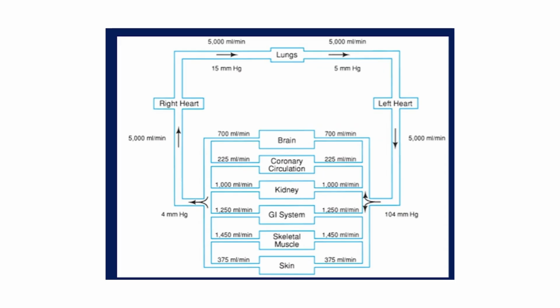And obviously, to maintain this and maintain these pressures, there's a lot of dynamics at the level of not just the arteries and veins, but also at the level of the capillaries, where individual capillaries have sphincters that allow or don't allow blood into a particular organ. And so some capillaries are active and some aren't.